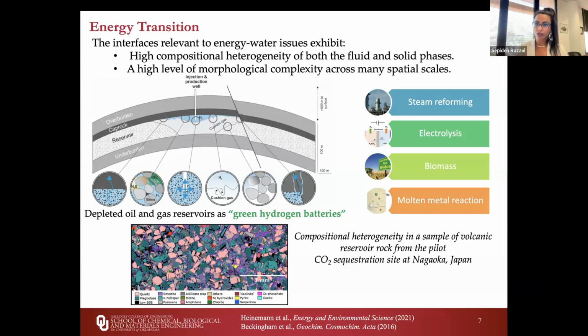But as I told you, energy and water are related, right? So if you're talking about electrolysis, for example, to produce hydrogen, that is going to require a large quantity of water. For every kilogram of hydrogen, you would need 9 kilograms of water. And if you also consider how much water you would need for cooling of a power plant, for example, if you were to use the hydrogen in a power plant, that could add up to 15 to 20 kilograms of water.